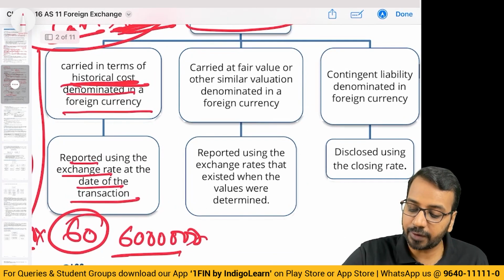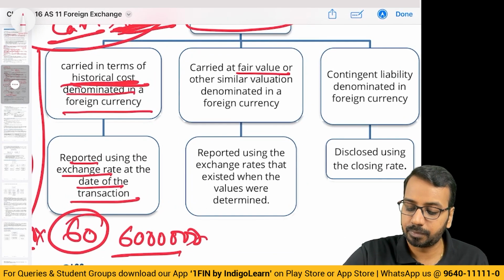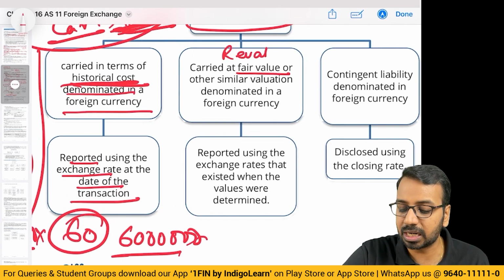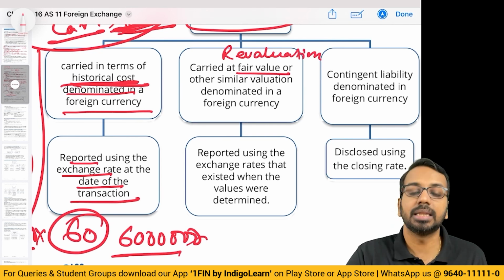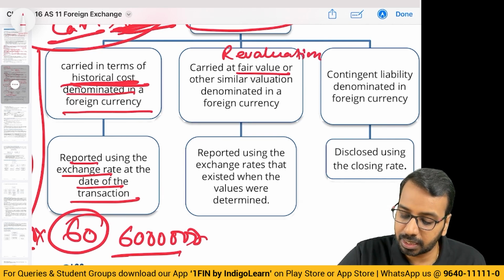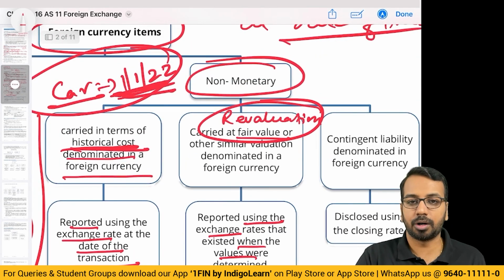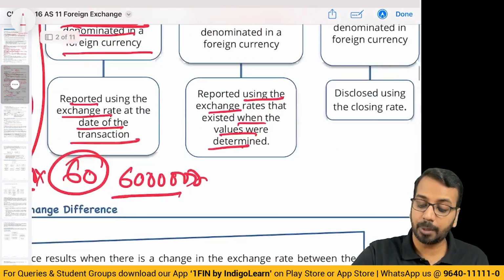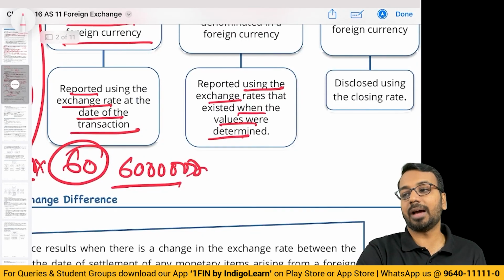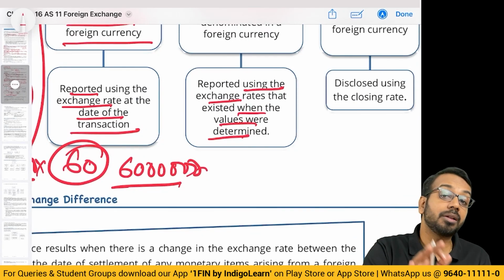Whereas if I am using the fair value model, that is, the revaluation model, then I will report using the rate when the fair value was determined. What does that mean? For example, I am using the revaluation model for my car. I have to calculate the fair value.